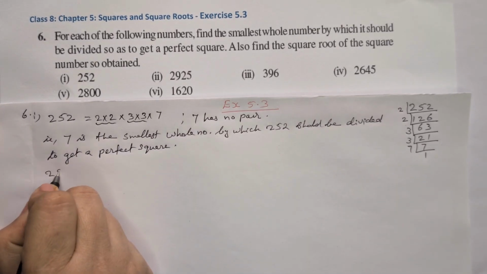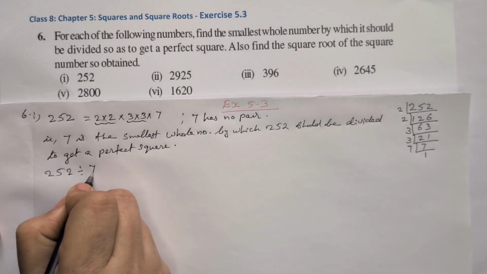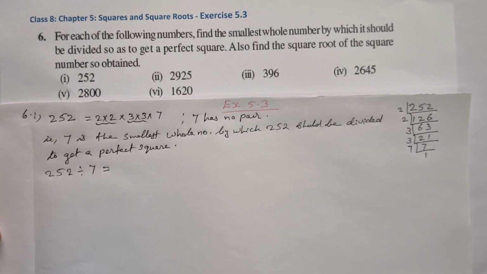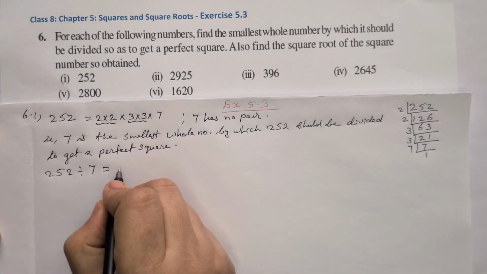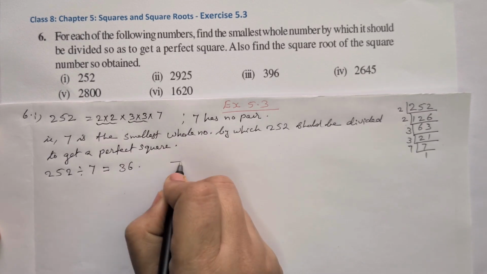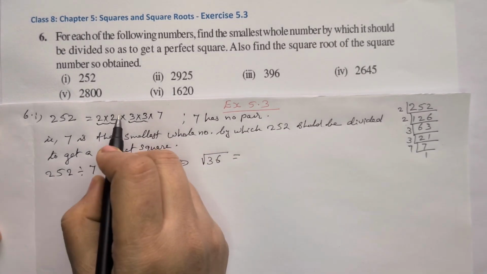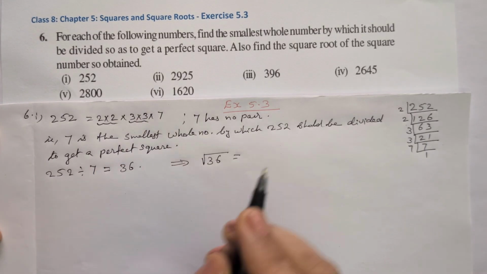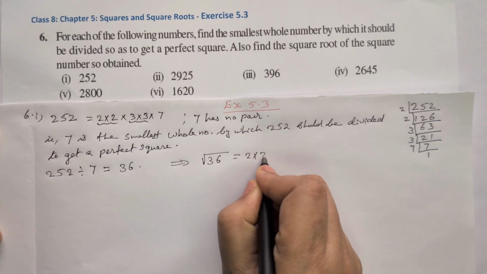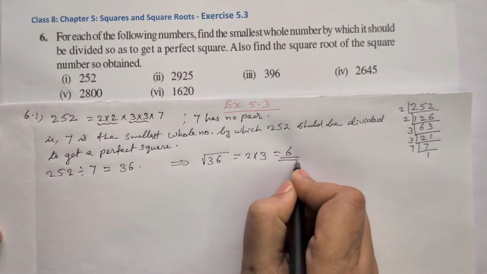So 252 divided by 7, when we are dividing by 7, we will get 36, which implies root of 36 is equal to 1 2 from here, 1 3 from here. That means 2 into 3 is equal to 6.